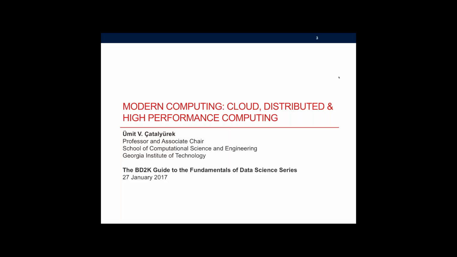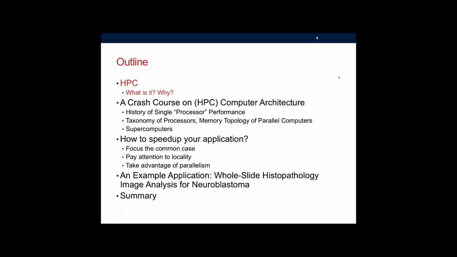I'm a computer scientist at heart. So this talk will be, as Jack mentioned, from the more computational perspective. And I will try to give you a brief introduction, a very quick crash course on computer architecture in general, high-performance computing architecture. I need to provide some background information so that we are all on the same page.